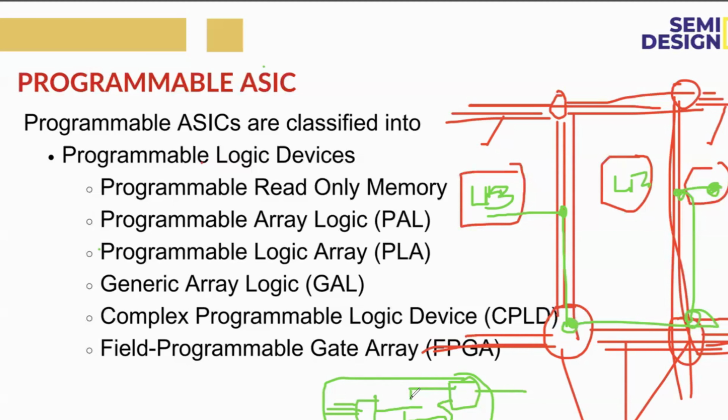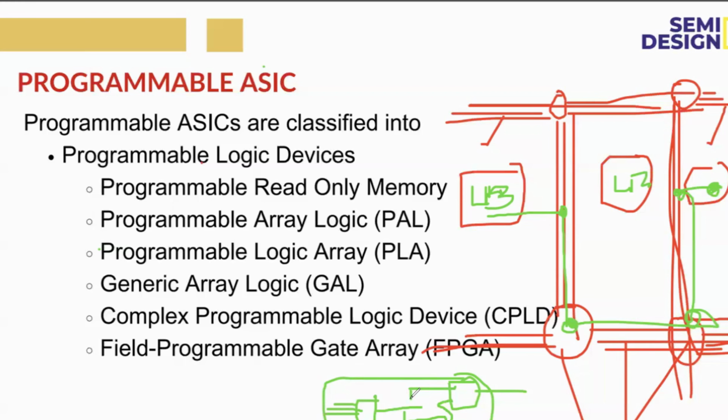See, mainly for the lookup table, we will use SRAM. SRAM is nothing but a memory, right? By using the SRAM, we will implement the lookup table, so that whatever function is there can be implemented by storing the data in the SRAM.